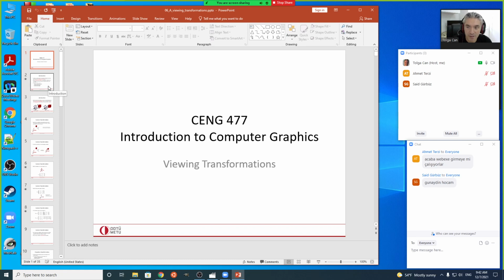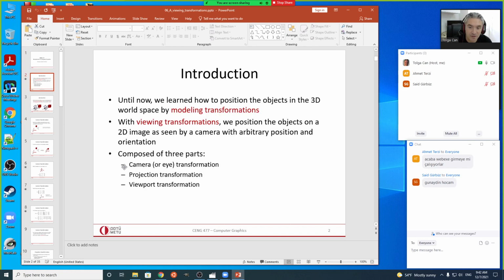In viewing transformations, I talked about camera transformation last time, in which our goal was to convert from the world coordinate system to the camera coordinate system. The main reason is to make the upcoming projections, like projection transformation, easier to compute. Just think about ray tracing. If the camera was at 0, 0, 0 and the gaze is 0, 0, minus 1, the minus z-axis, all the calculations will be very easy.